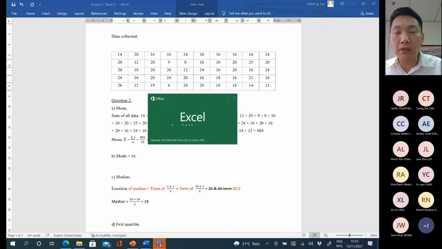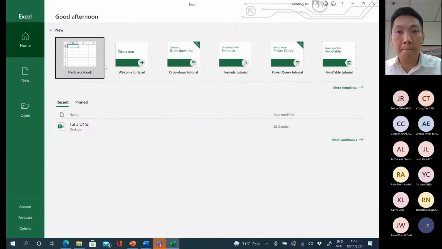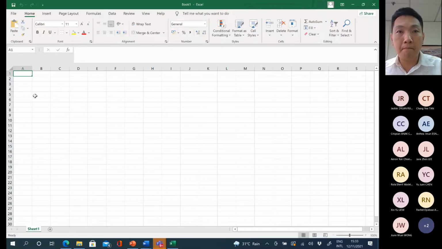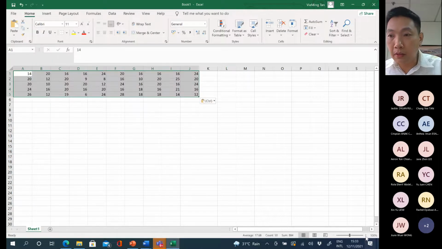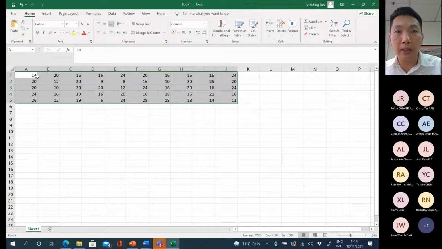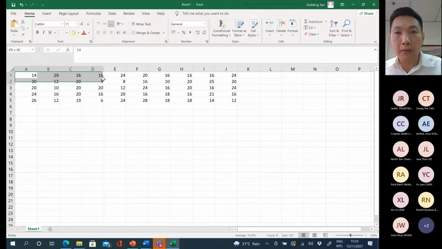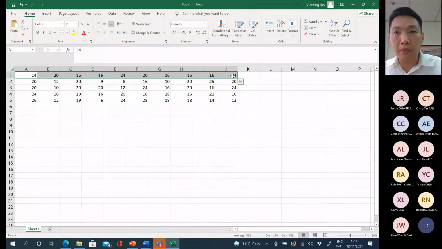I give you some comments so that you do not repeat the same mistake in project 2. Usually I do it this way. Now the data has not been sorted, so we need to sort the data. I'll do it step by step.